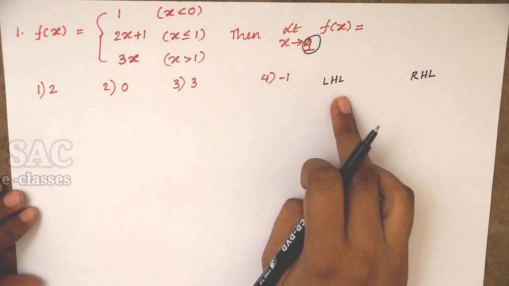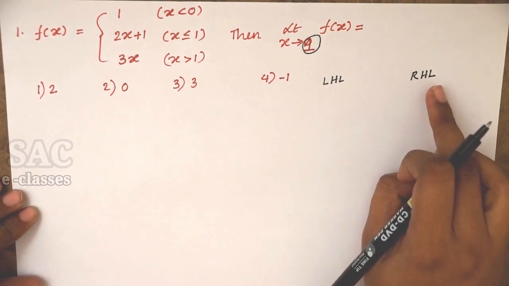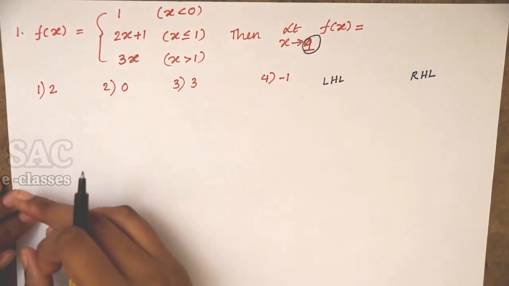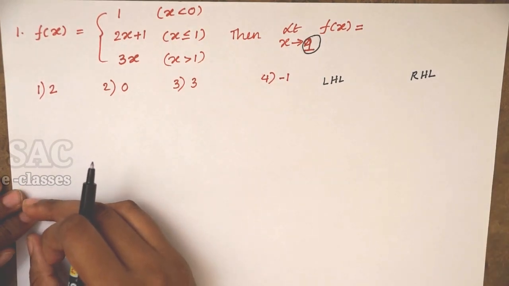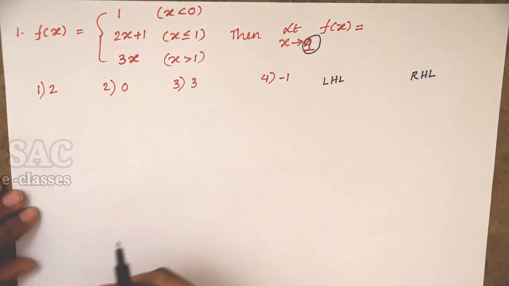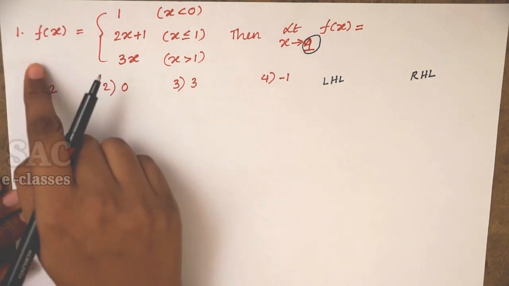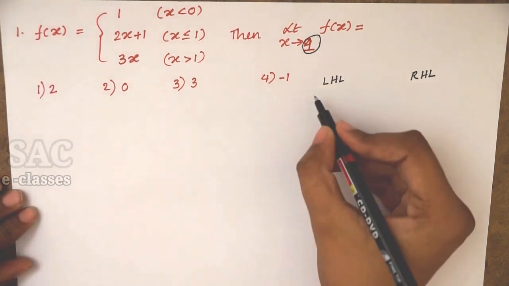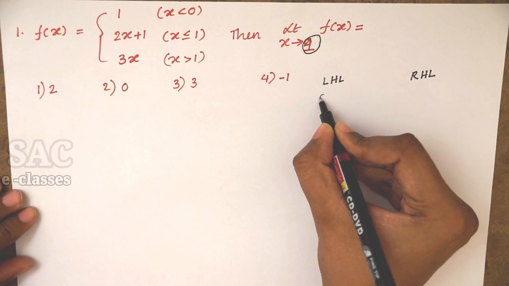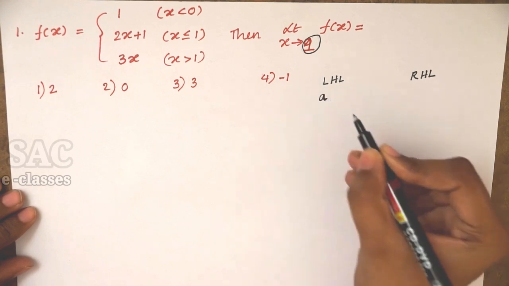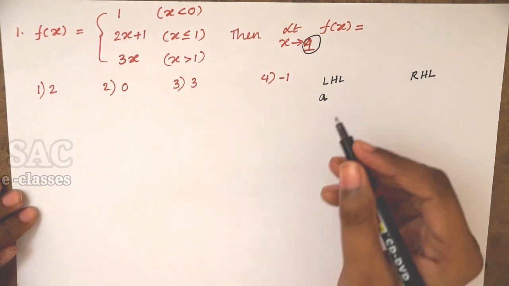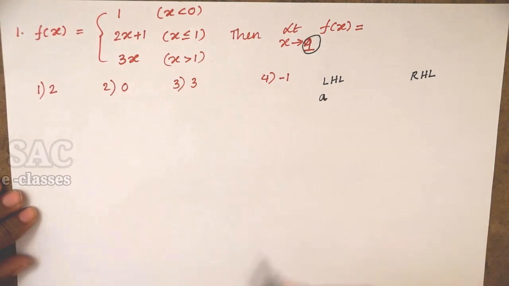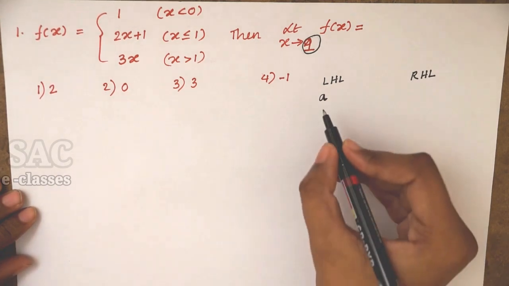Left hand limit, and RHL means right hand limit. How can we find the left hand limit or right hand limit from the given function f of x? Suppose A is the limit point where you should verify the continuity.